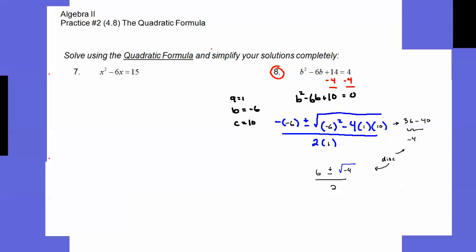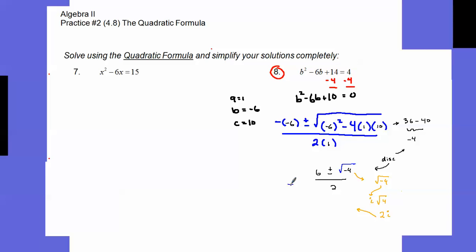We must now simplify this radical. We know that the square root of a negative 4 will produce i outside the square root of 4 on the inside, which then simplifies to 2i. This comes back into the math problem, and we write it like this.